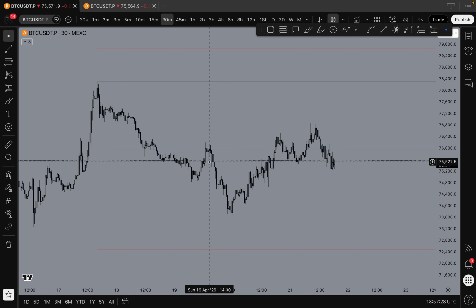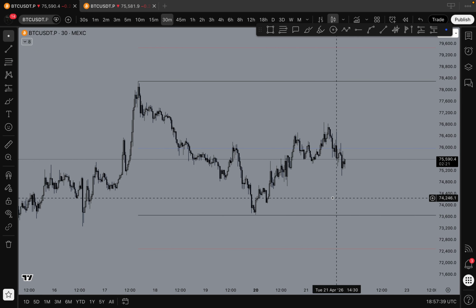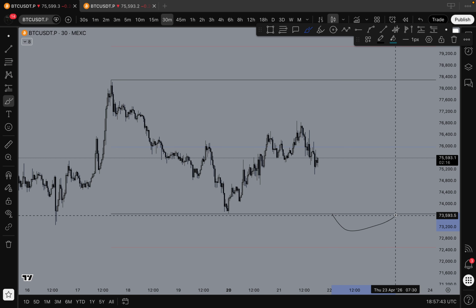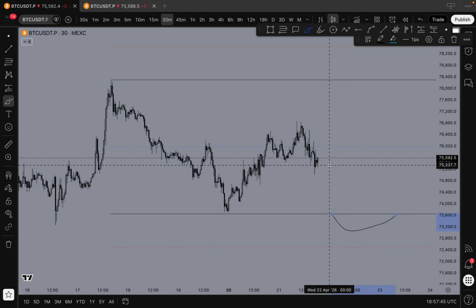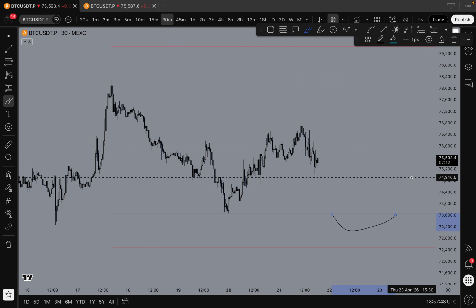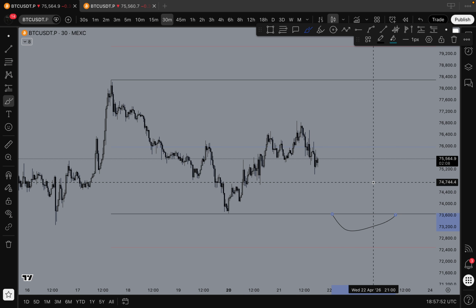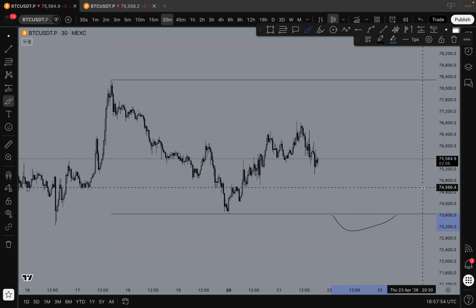Let's see. $3 billion in shorts will get liquidated if BTC goes to 73.3. Yeah, and where does that align with? With the sweep of the range low. Or, sorry, longs will get liquidated then.